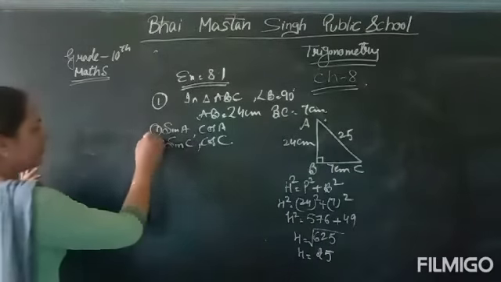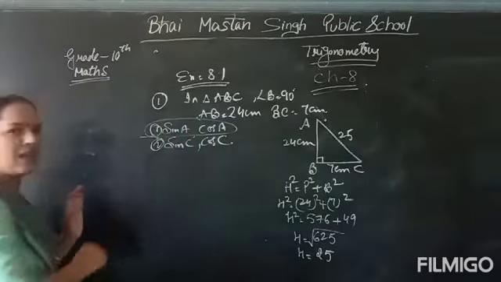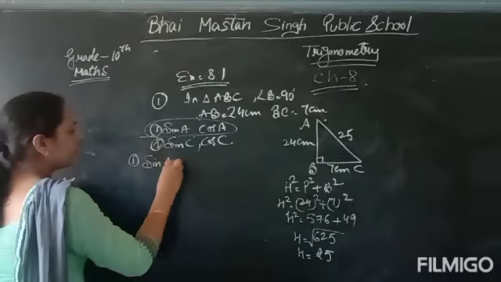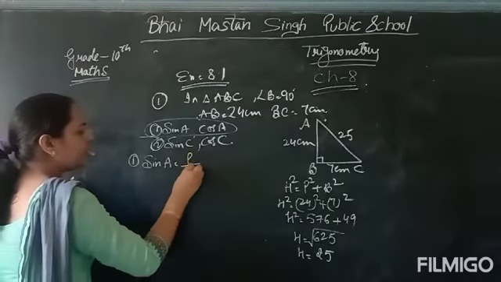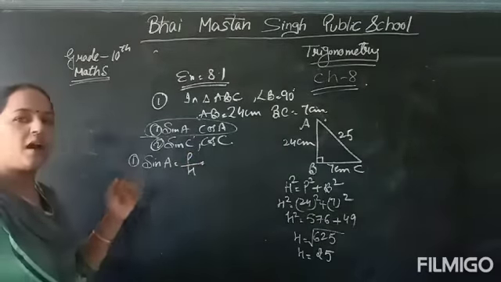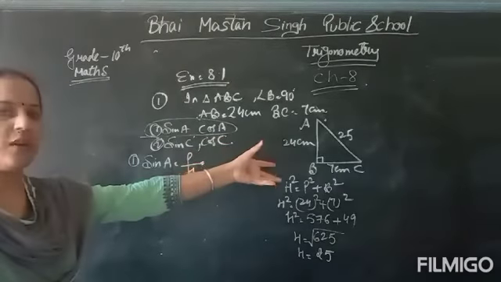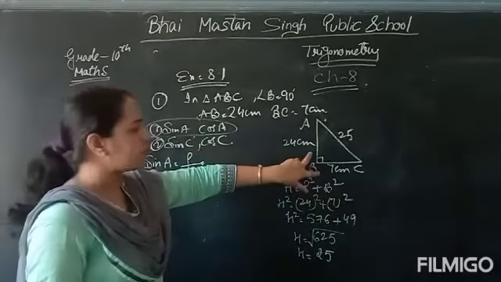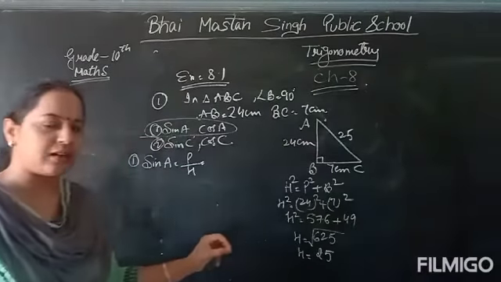Now comes the statement. I have to find sine A and cos A in the first step. Sine A means P upon H, perpendicular upon hypotenuse. But I don't know what P and B are, because I have to assume P and B according to the angle.